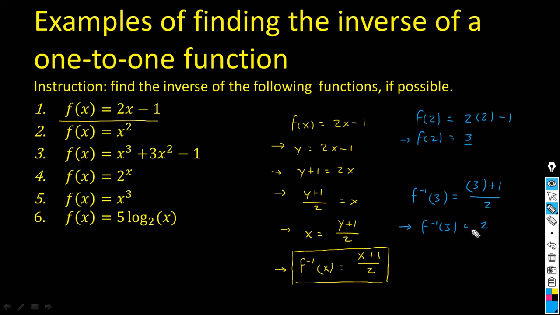So as you can see, when I evaluated f inverse at 3, I got 2. So f, again, one more time, when you give it 2, it gives you 3 as an output. And f inverse, when you give it 3 as input, it gives you 2 as output.